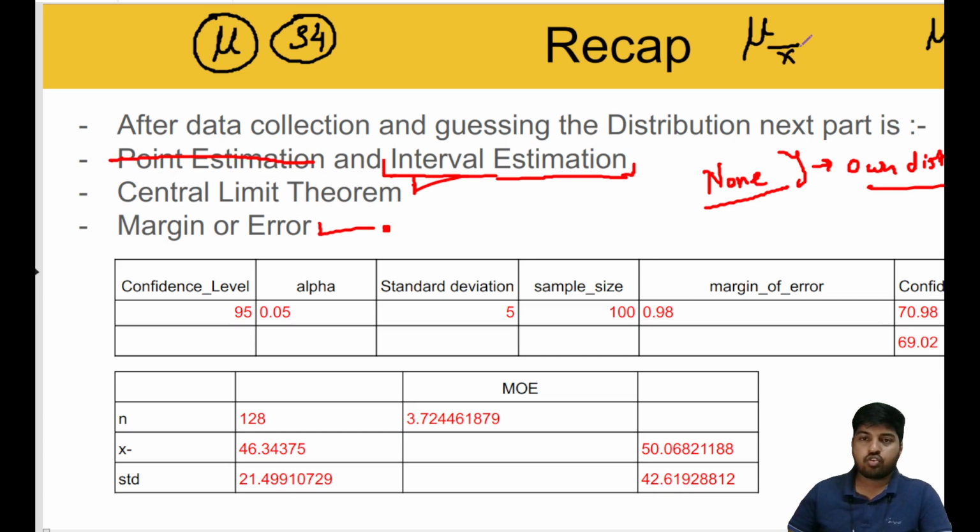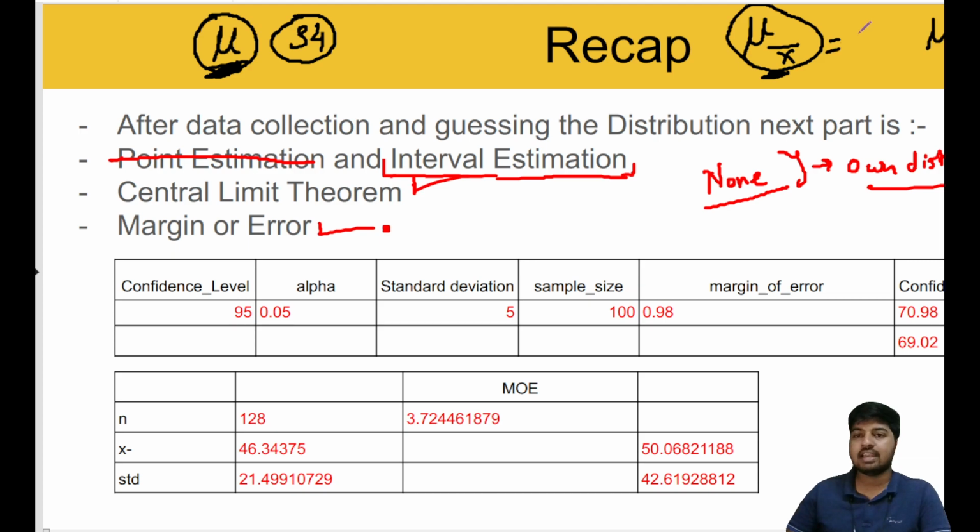So this is the real mean, mu, and this is our sample mean, x bar. So these might not be exactly the same.